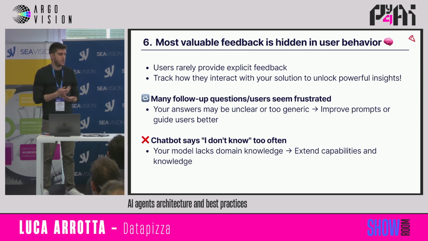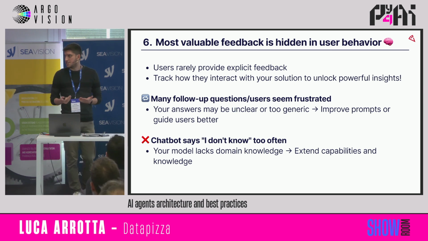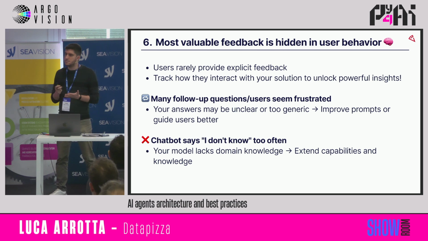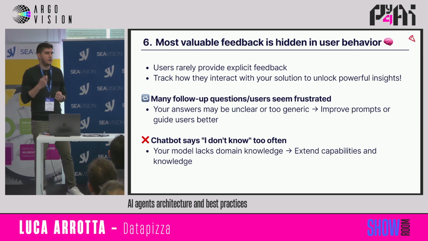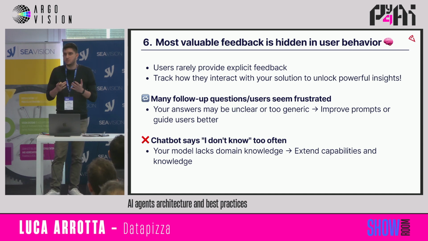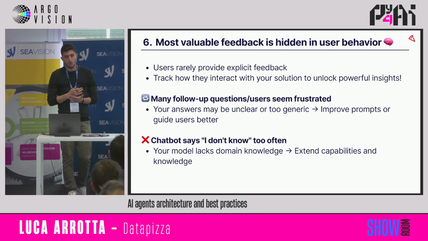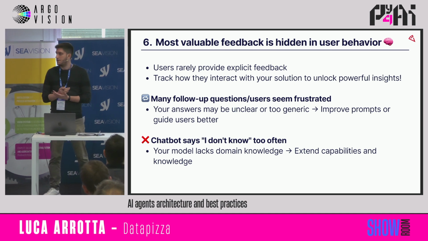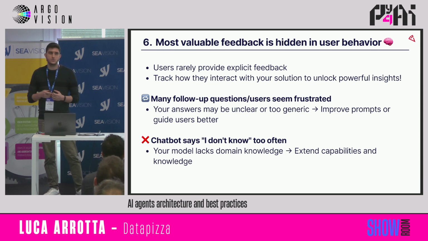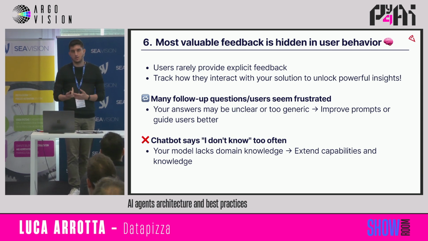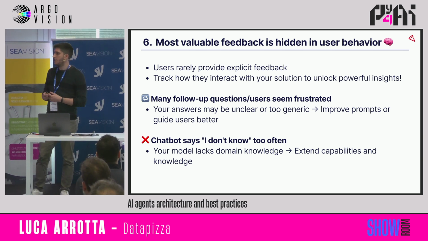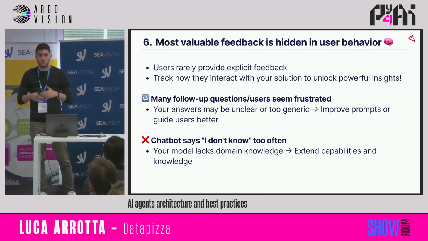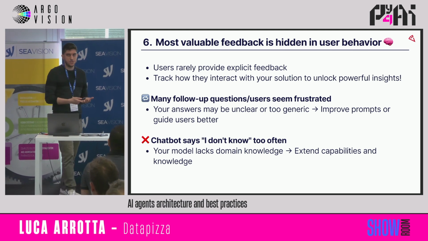For example, if you see that in a lot of conversations your users seem frustrated, or there are a lot of follow-up questions from the users, maybe it means that the answers of your agent are too unclear, and so you have to improve prompts or improve the knowledge bound to the agent. Or your solution cannot answer a lot of questions, so maybe you have to extend the capabilities.